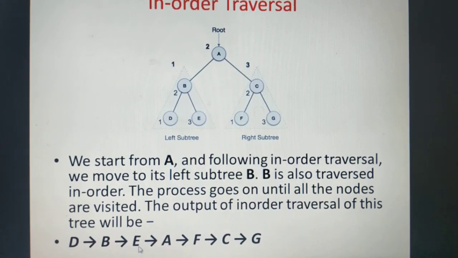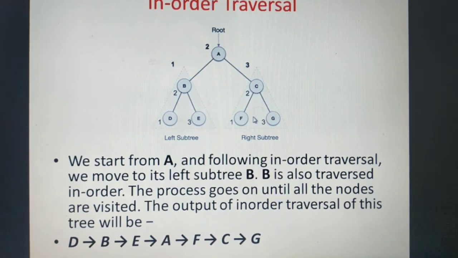Next, what do we have? According to in-order, we get the root value, A. Then we go ahead with the right subtree. In the right subtree, we again have to apply in-order traversal. What is the sequence? First the left node, then the root, and then the right.